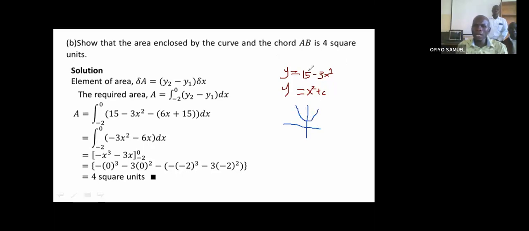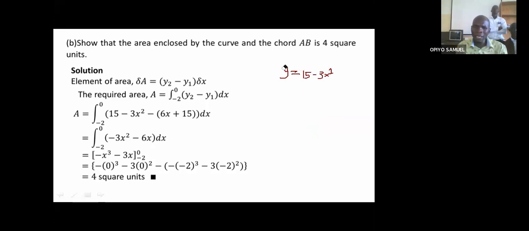But when you look at the given curve, we have negative 3x squared, which means it's going to be inverted. So here you simply need to get the intercept. So for the intercept, we equate y to 0. When y is 0, we shall get x squared to be equal to 15 over 3, which is 5.